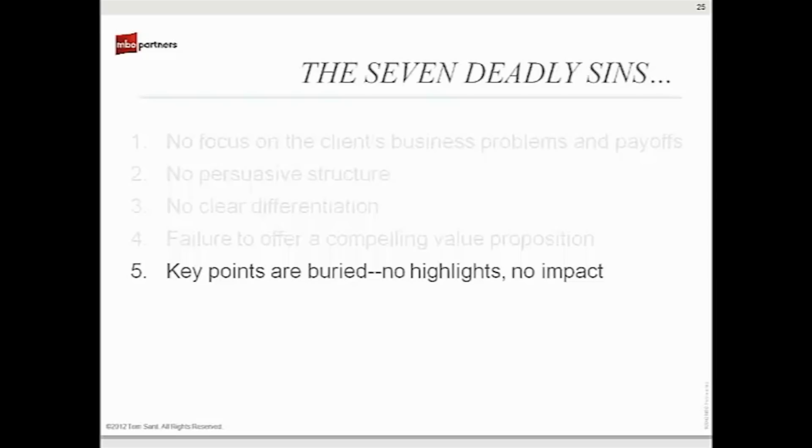So apparently they're making a choice here. It's the same thing we all do. When I get a document, I don't read the whole thing. I start skimming it. I'm sure you do the same. Therefore, let's make our proposals skimmable. Highlighting, headings, subheadings, bullet points, graphics, call-outs, text boxes, anything that makes the key points pop off the page.